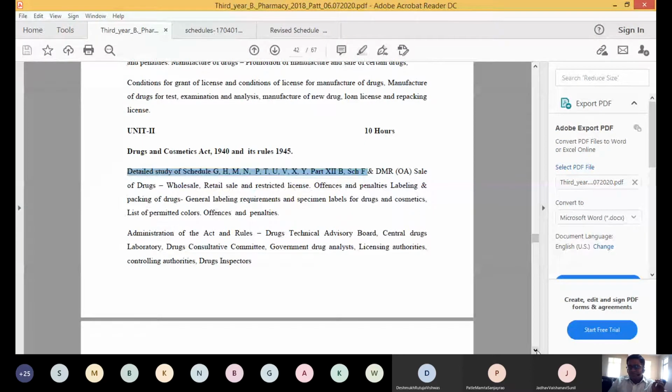So in general, we have discussed various schedules. Then some offenses and penalties also we have discussed. Labeling requirements for drugs and the permitted colors we have discussed. Again, the administration of the act and rules we have discussed in detail: Drug Technical Advisory Board, Central Drug Laboratory, Drug Consultative Committee, government drug analyst, licensing authority, controlling authority, drug inspectors.